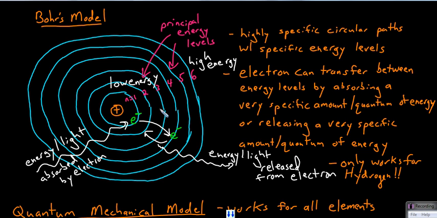And also that electrons could travel between these different energy levels, between these different orbits, by either accepting energy, perhaps in the form of light, or by releasing energy, perhaps in the form of light. So, for example, if light hits a hydrogen atom, light is represented here by the wavy white line.